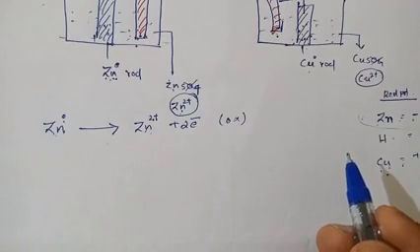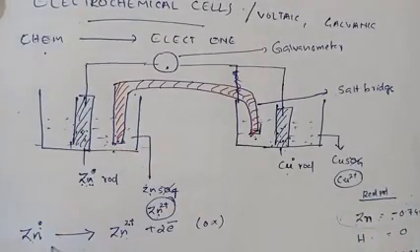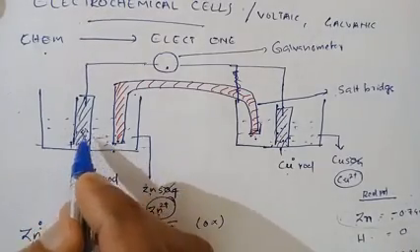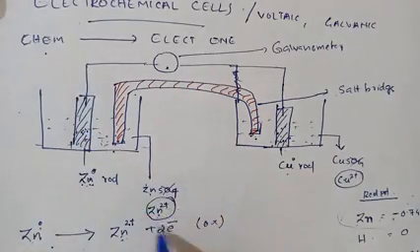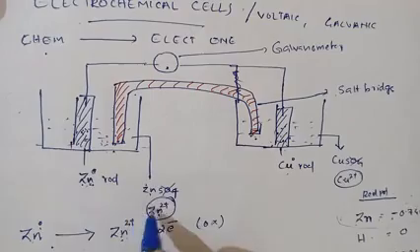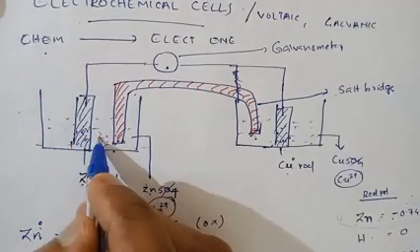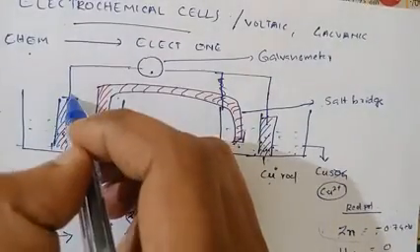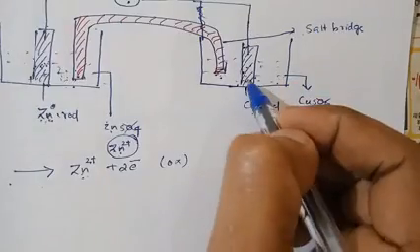I think it is clear for you. So during the oxidation, zinc is becoming Zn2+. This means zinc will enter into the liquid part, because this liquid is Zn2+. So zinc converts into Zn2+ while 2 electrons are there. What happens to the 2 electrons? Those 2 electrons will move through this metallic part and reach the copper rod.